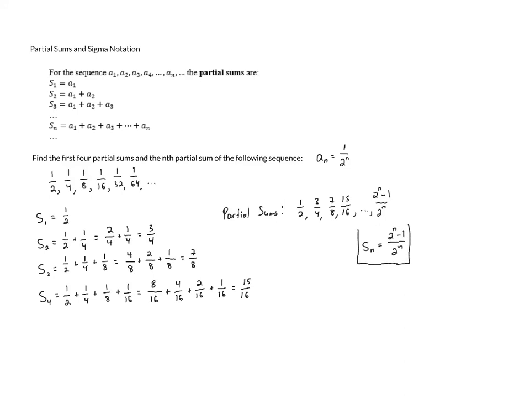And having this formula allows us to find all of the future partial sums. If we wanted the 50th partial sum, for example, instead of adding up 50 different fractions, we could simply enter 50 in for n, evaluate this formula, and we would have the 50th partial sum.